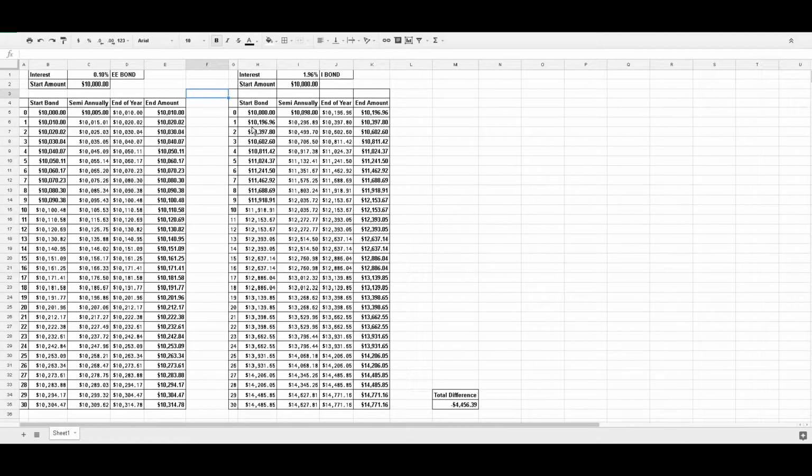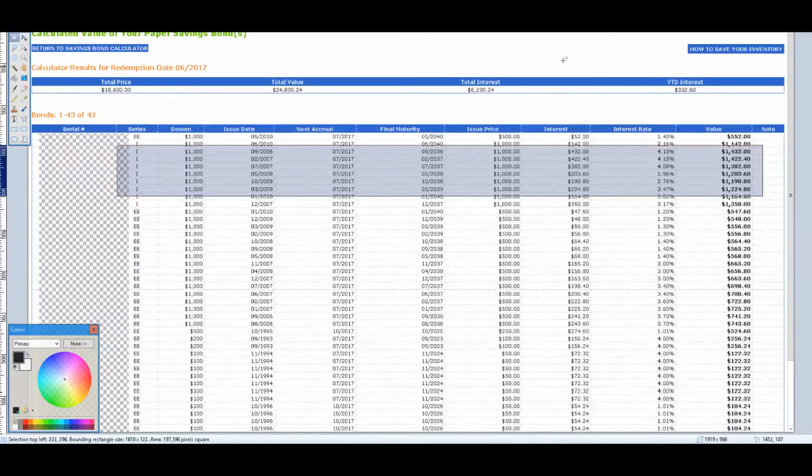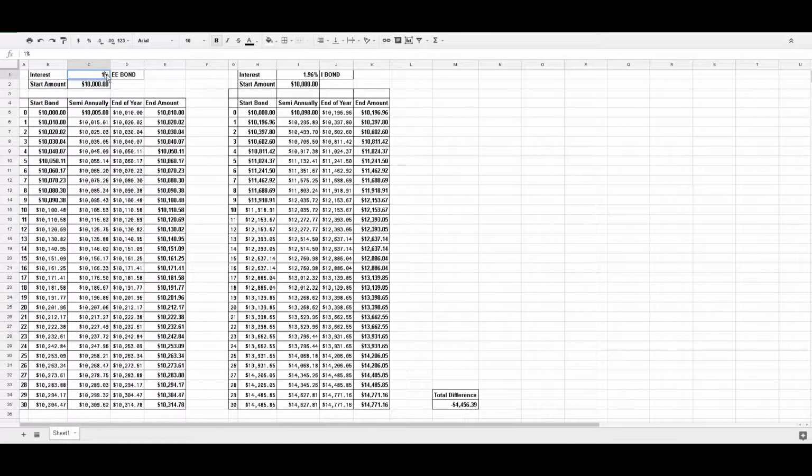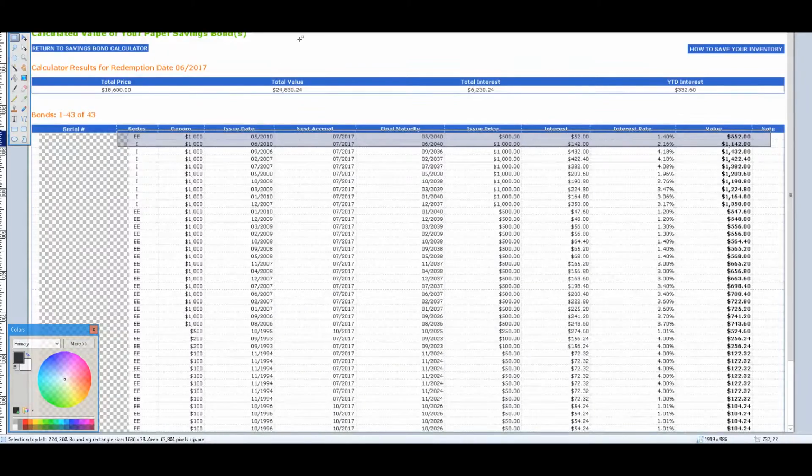Now this is the main important part that I want to show you guys, the difference between EE bonds and I bonds. Now I created this little chart with $10,000 as your start amount, and this is just your interest, and this is actually a very on-point scale. So I can take this EE bond here as an example, and it was issue price $500 with 1.4%. So 1.4% issued at $500, and we can see here that this one, okay, this is the year 2017.